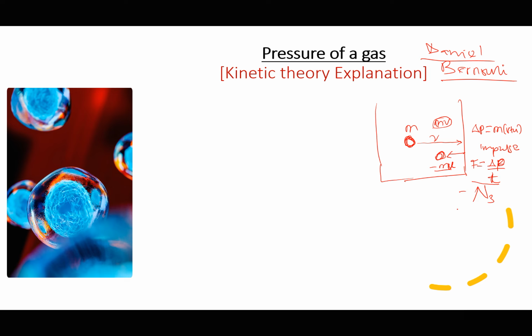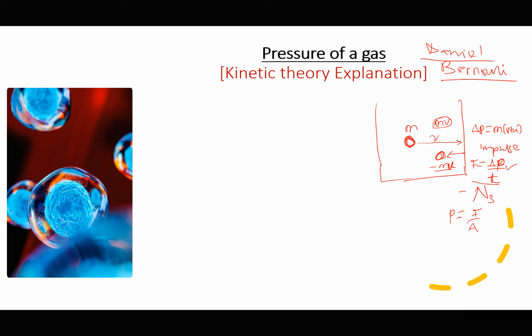And then remember, pressure is defined as the force acting normally per unit area. This average force on the wall per unit area will therefore be the pressure of the gas on the wall of the container.